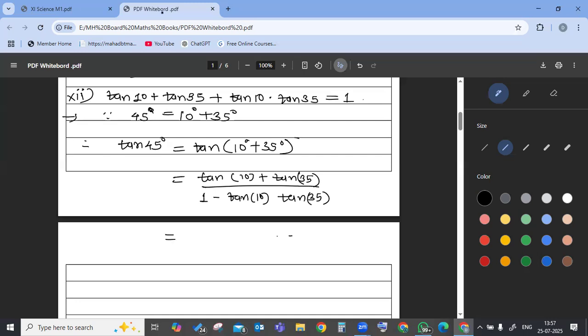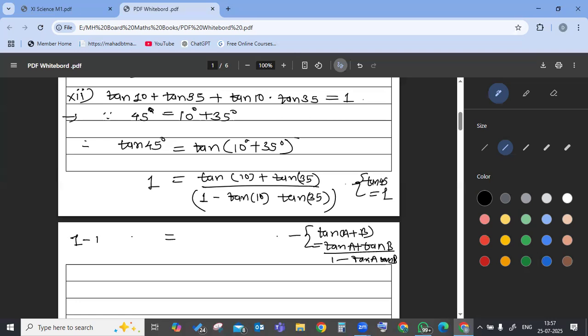Using that formula, tan A plus B is equal to tan A plus tan B upon 1 minus tan A into tan B. So it is equal to what? Shift this denominator towards the left side. Here tan 45, this value is 1. Tan 45 is equal to 1. So it is 1 into this, shift this towards the left side.